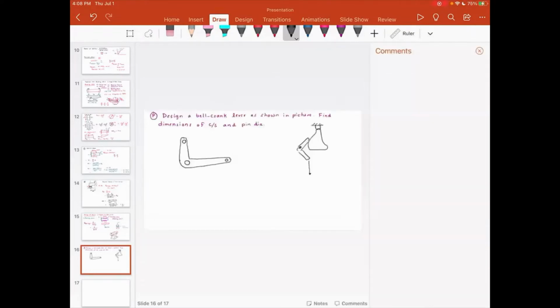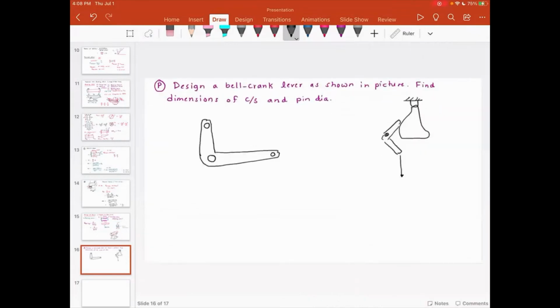This perpendicular lever, which could also be at an angle, would actually hit the bell and generate that sound. That's why this lever is called the bell crank lever. So let me draw this bell.